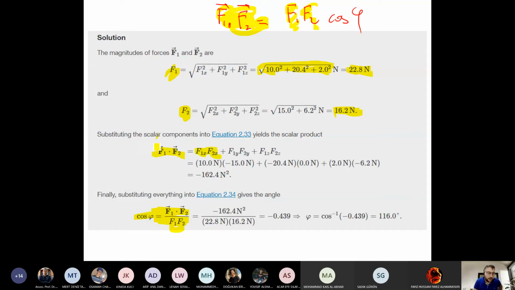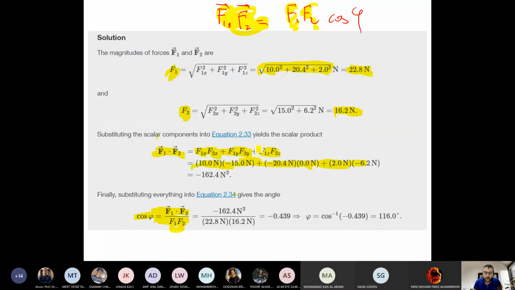F1x times F2x plus F1y times F2y plus F1z times F2z. So 10 times minus 15 plus. As you see, we are not going to write the unit vectors anymore because i hat times i hat becomes 1, so no need to write them again. Minus 20.4 Newton times 0, so it becomes 0.